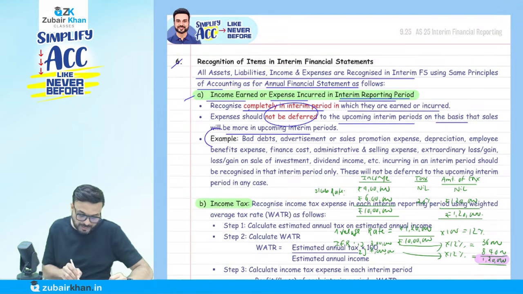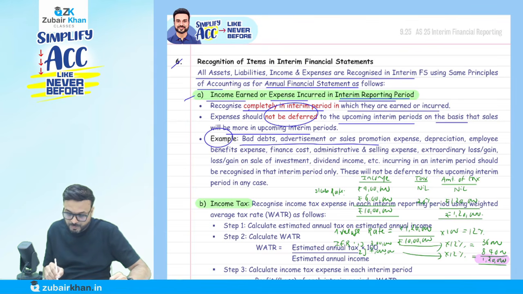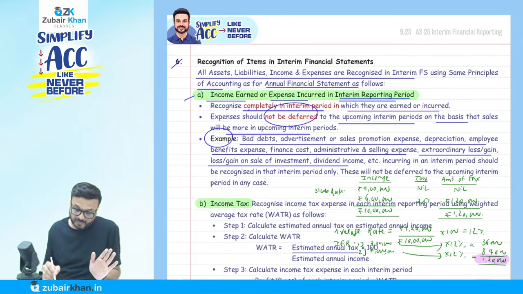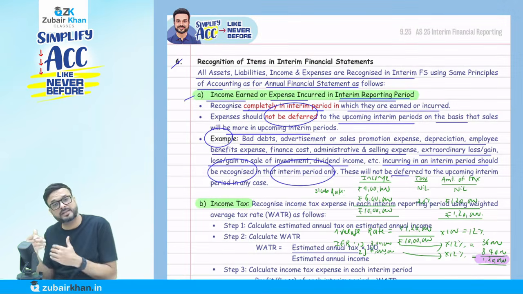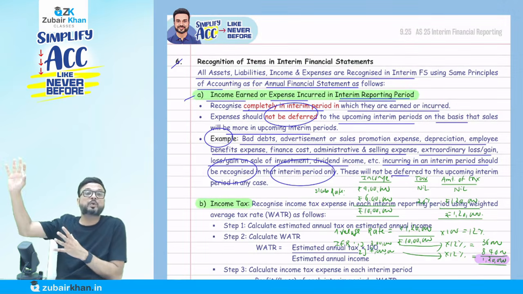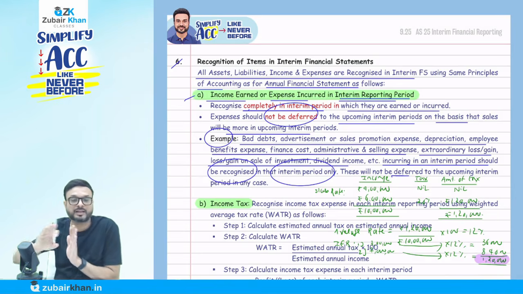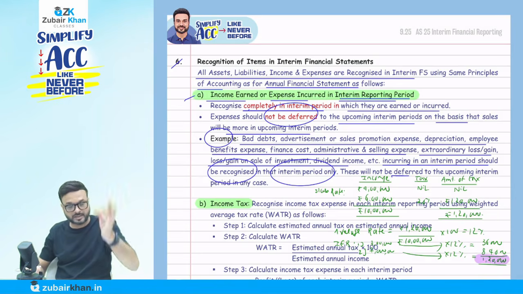The examples given are bad debt, advertisement, sales promotion expense, depreciation, employee benefit expense, finance cost, administrative and selling expenses, extraordinary loss or gain, loss or gain on the sale of investment, dividend income, etc. Whatever is incurred in an interim period should be recognized in that particular interim period only. This will not be deferred to the upcoming period. We cannot say I will recognize it in the subsequent period because there are more sales and so more expenses. No, it's nothing like that. Whenever you incur expenses, recognize them. Whenever you earn income, recognize it in that particular period.